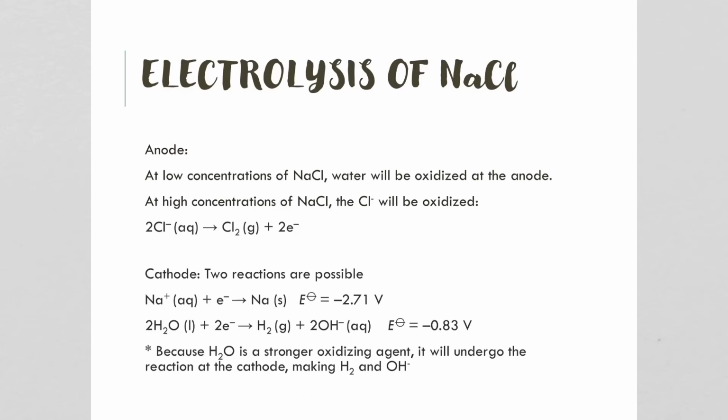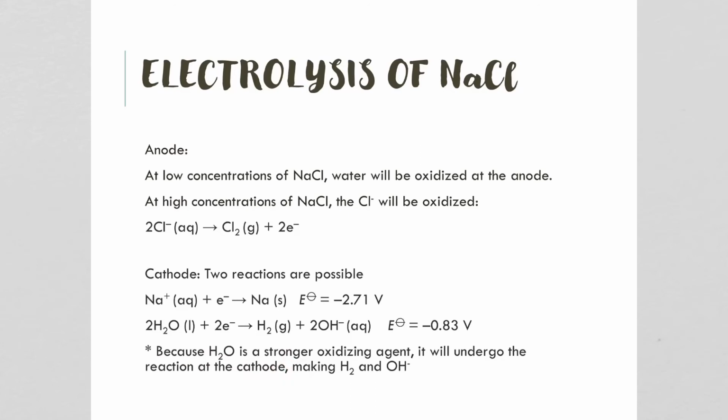At the cathode, there are 2 reactions possible again. The sodium can undergo reduction to become sodium metal, and its electrode potential is this. Or the water can be reduced to become hydrogen gas and 2 hydroxide ions, and the electrode potential would be negative 0.83 volts.